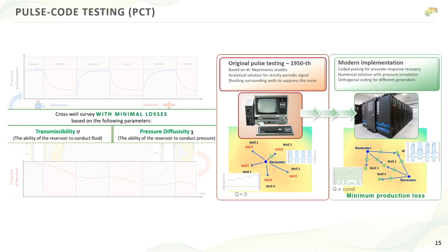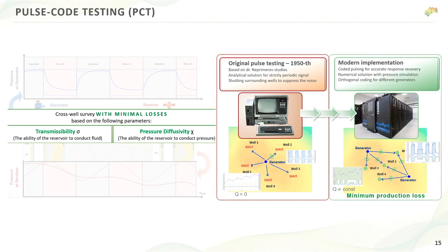So that's quite simple. When you create a pressure disturbance in one well, how can you do it? You will just change the rate. It could be either an injector or a producer. You can just shut it and then produce, then again shut and then again produce, or inject, right?